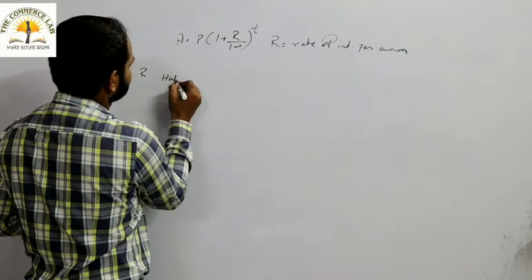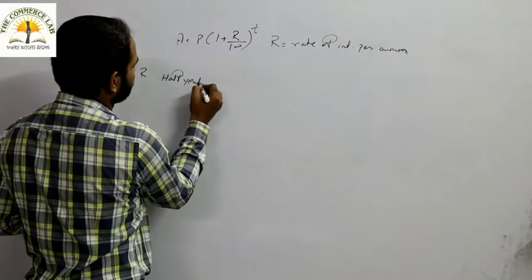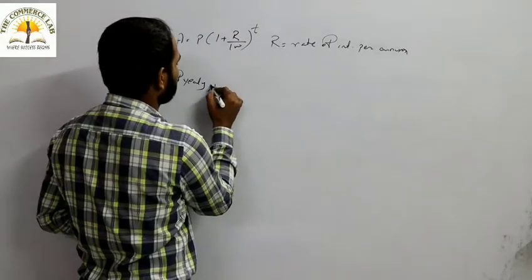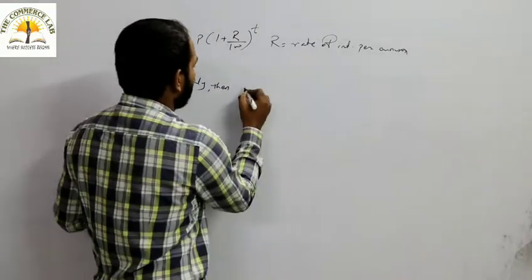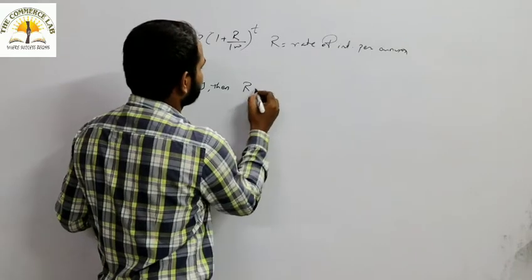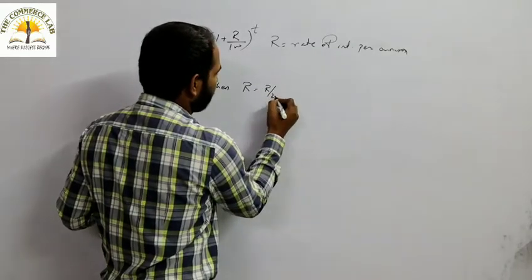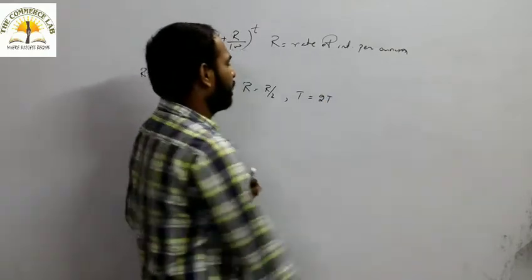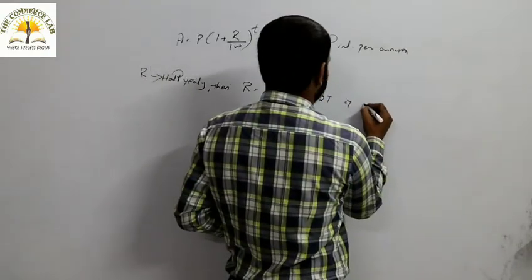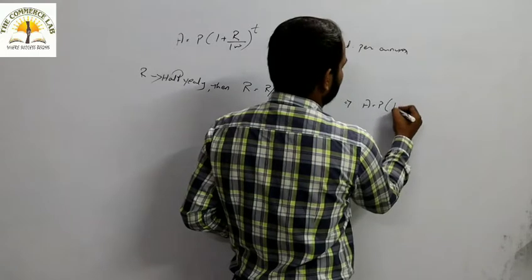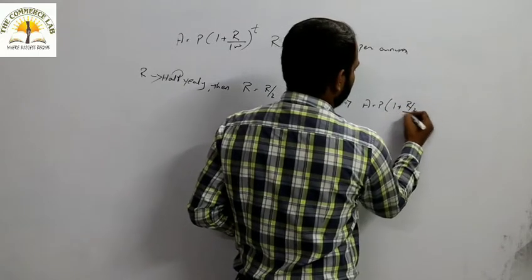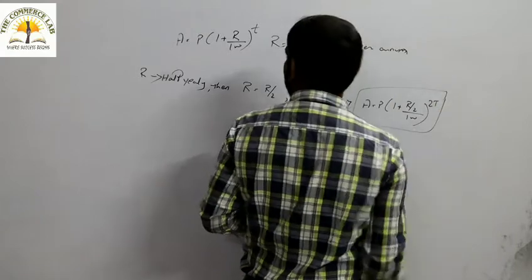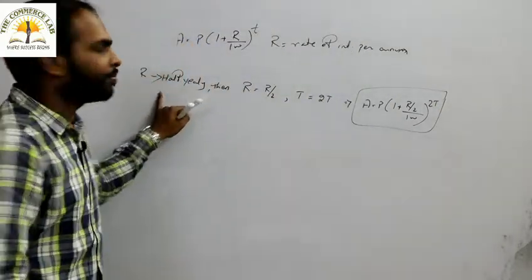When the rate of interest is given half yearly, then R becomes R by 2, T becomes 2T. This implies amount equal to P into (1 plus R by 2) to the power 2T, when the rate of interest is half yearly.